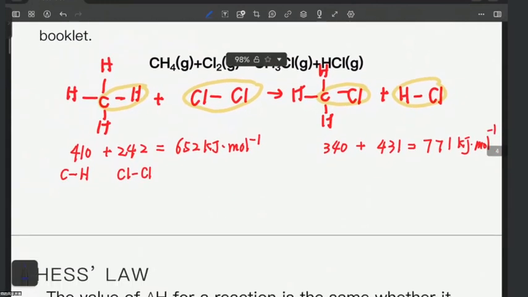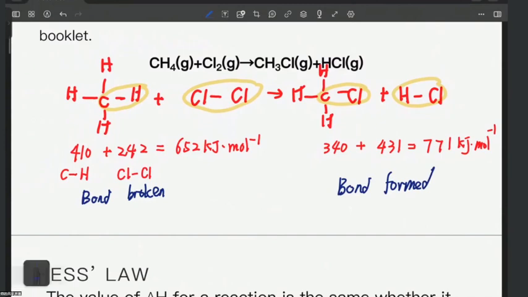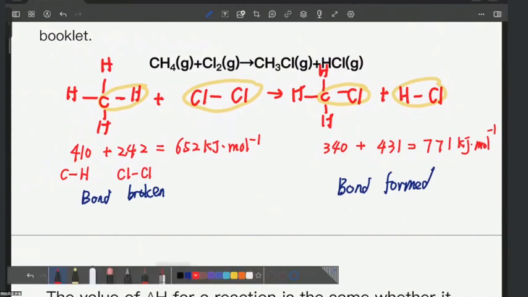Okay, the two steps represent bonds broken and bonds formed. So we can do the third part.